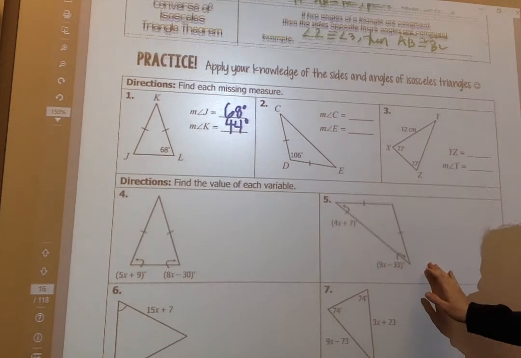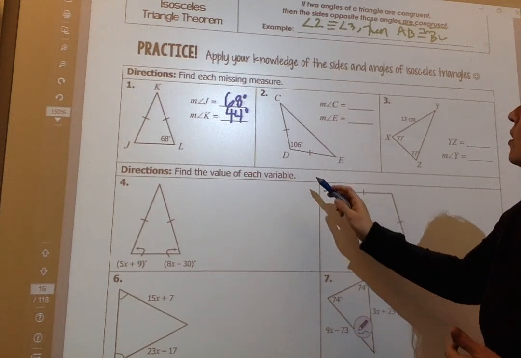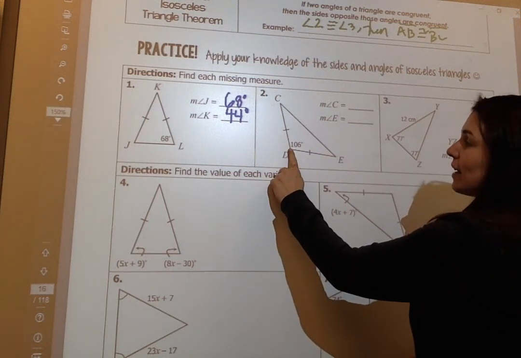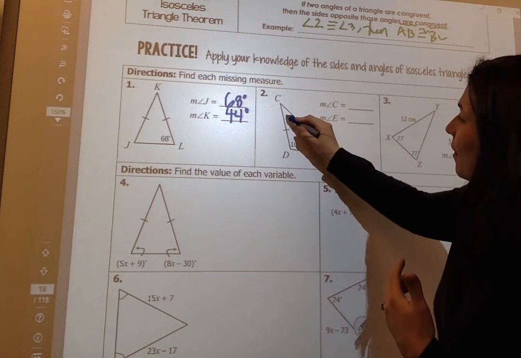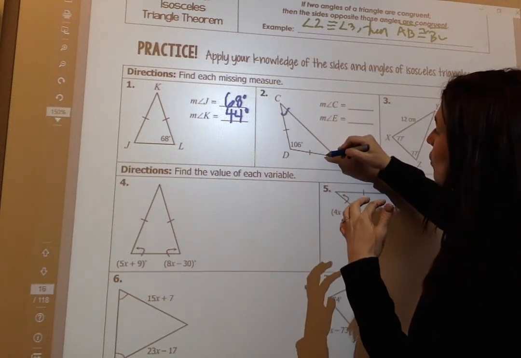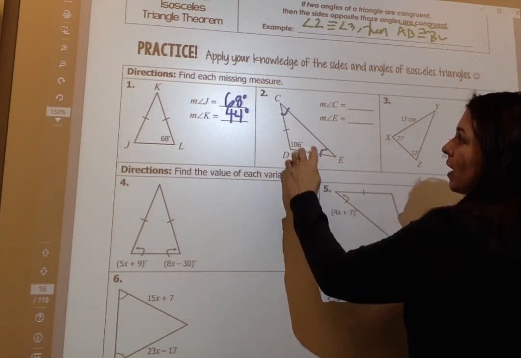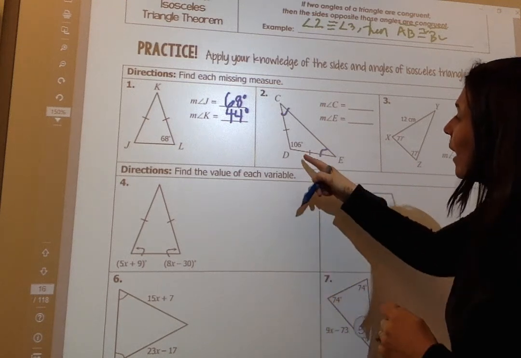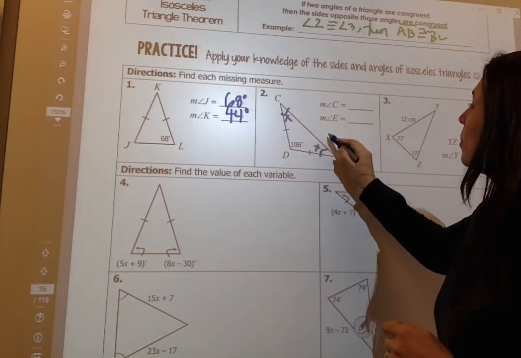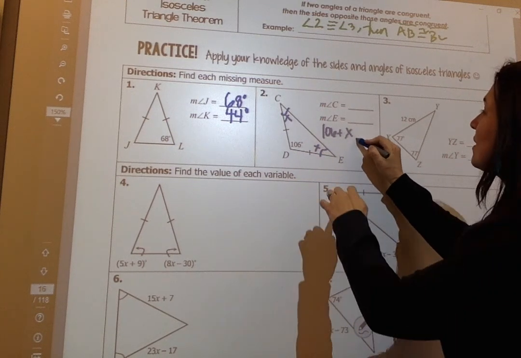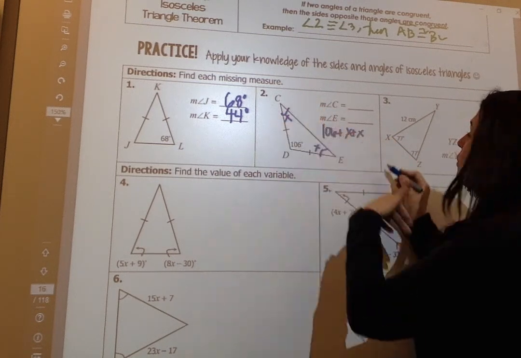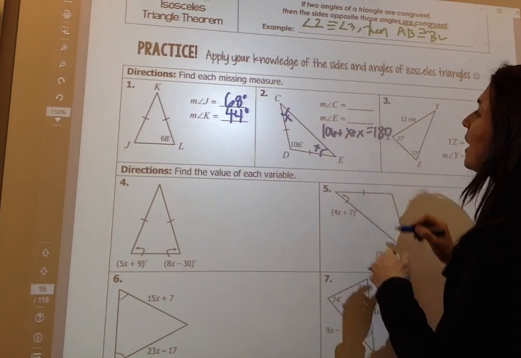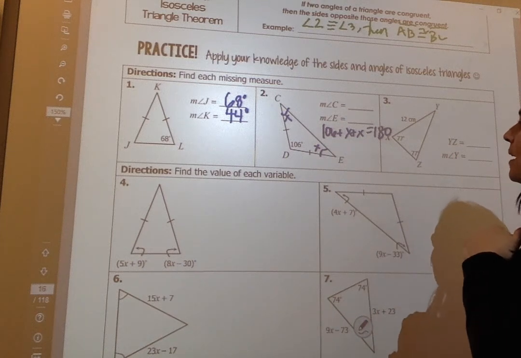Let's take a look at number 2. So here is my vertex angle, and that means that these two guys, because these legs are congruent, these opposite sides are congruent. So I know that 106 plus x, because these are the same, plus 2x equals 180. So that's how I can fill in for those missing base angles.